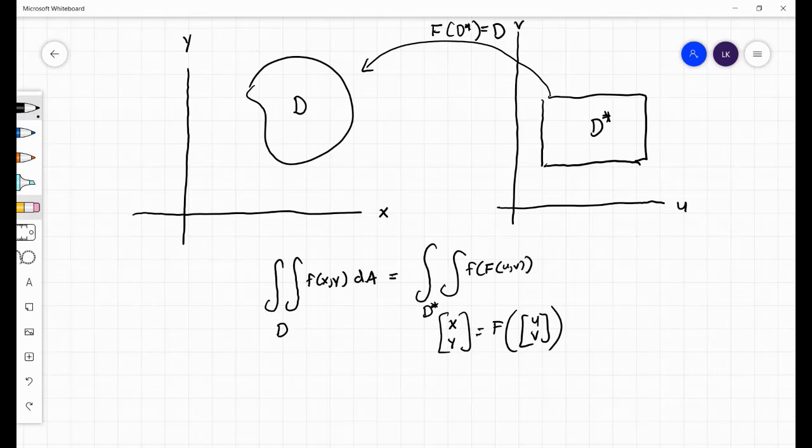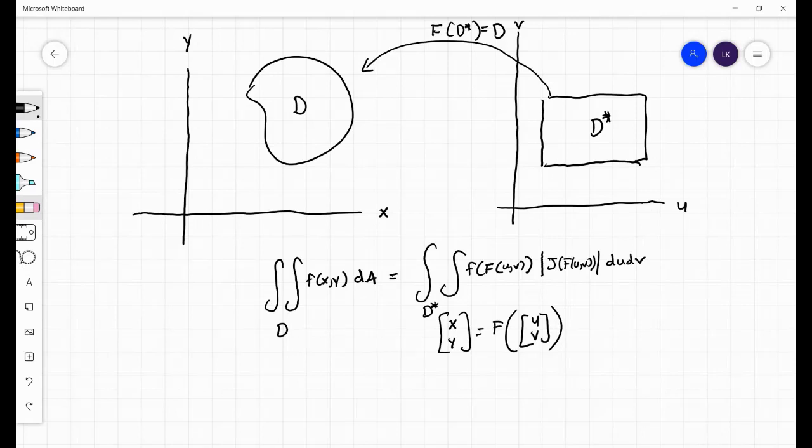And then the differential in 2 dimensions is going to be the Jacobian of f. That's the determinant of the matrix of partial derivatives, and you take the absolute value of that times du dv, or dv du. That's the change of variable formula.